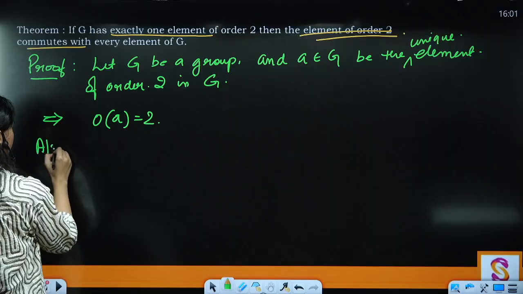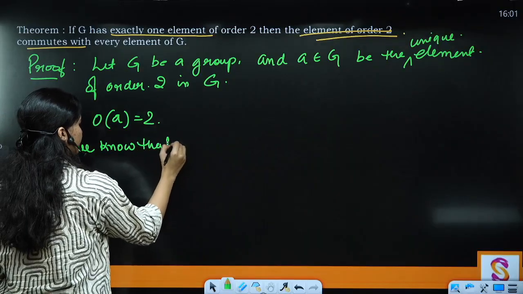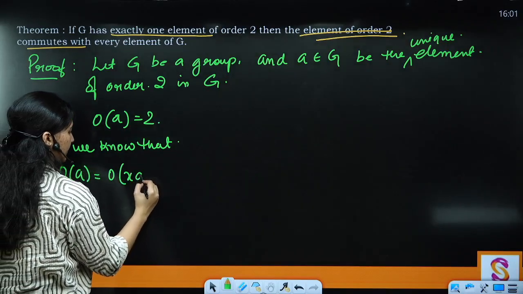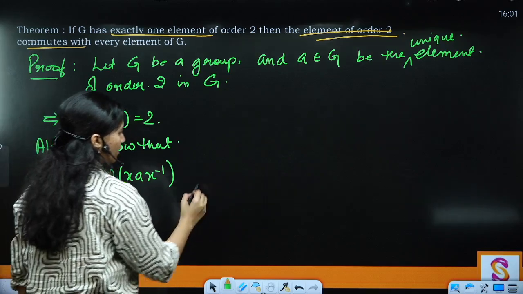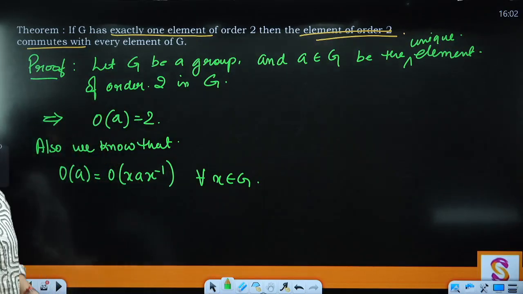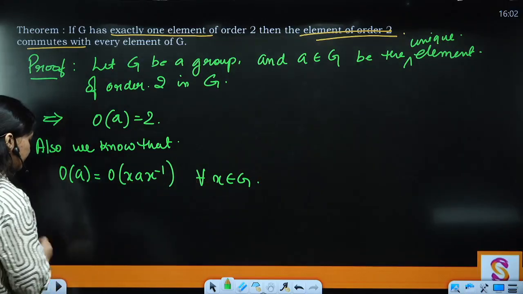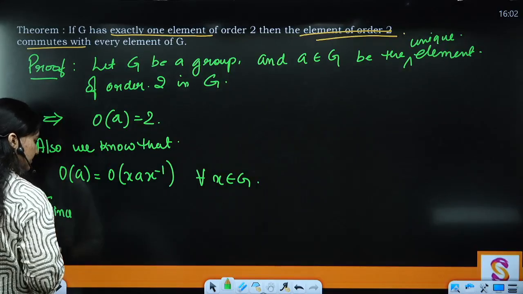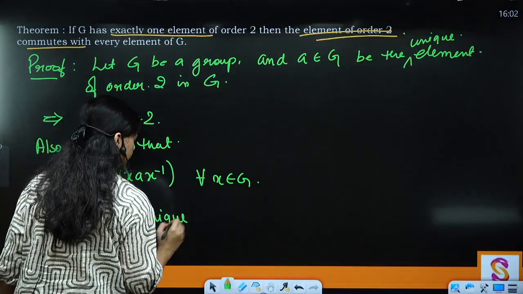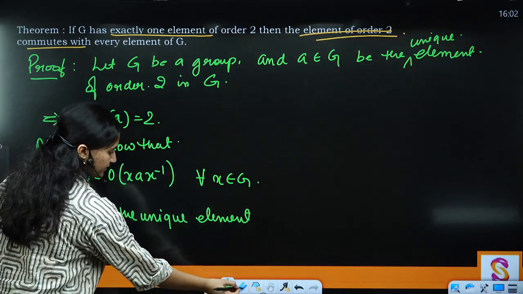Also, we know that order of a equals order of x a x inverse for all x belongs to G. We have read this in the previous lecture.